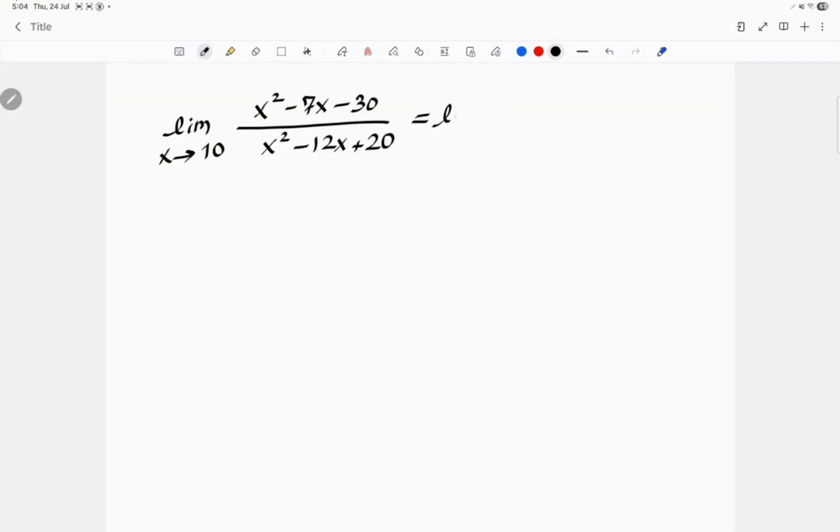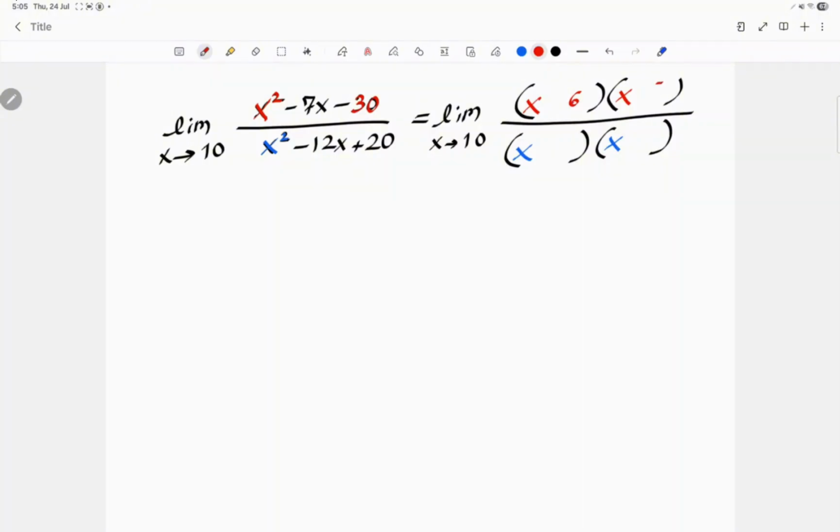So instead, you will factor: 2 brackets on top, 2 brackets on the bottom. x squared, x, x; x squared, x, x. What's 30 made of? What times what? So 30 is made of 6 times 5.